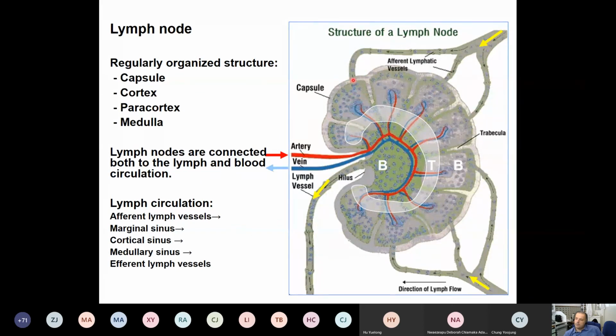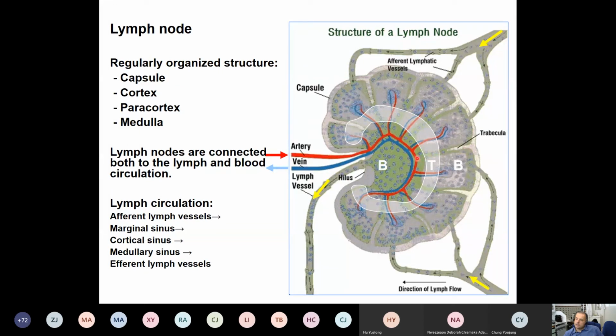Then this afferent lymph vessel drains the lymph fluid into a space, a sinusoid, that is right below the capsule. That is why we call it marginal sinus. And from the marginal sinus along the connective tissue trabeculae, which are connected to the capsule, the lymph fluid is drained towards the center of the lymph node.